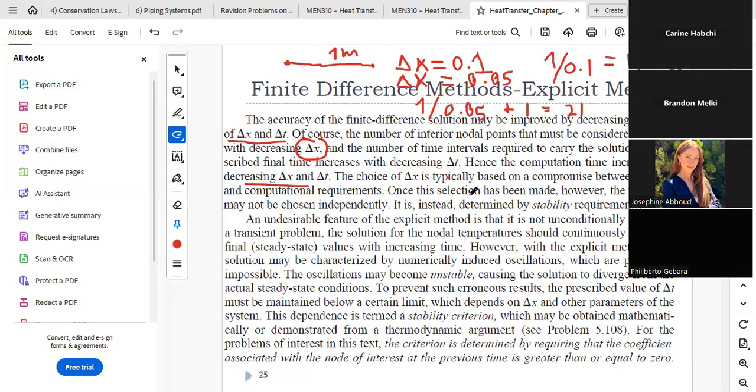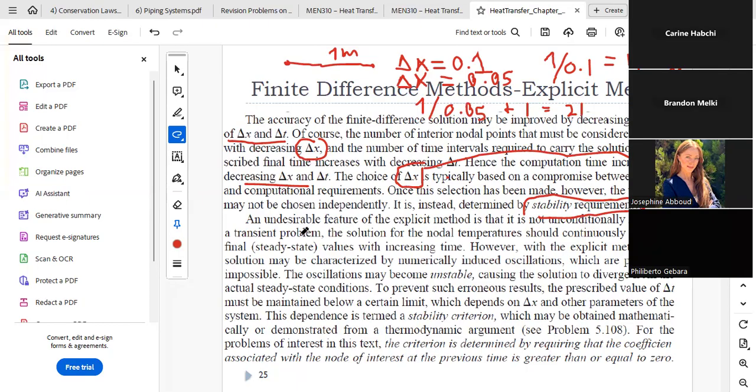Once the selection has been made, however, the value of delta t may not be chosen in an independent way. It is instead determined by stability requirement. What do they mean by this? In general, first you select your delta x, and delta x will impose the value of delta t. How? We'll discuss together now.